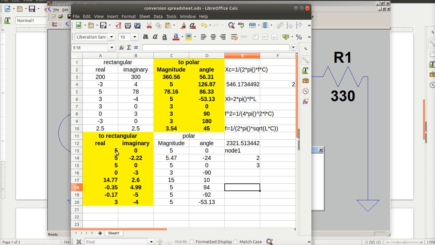So the first part is my voltage drop across my capacitor will be this number, the top line, minus the second line. So 5 minus 5 is 0. And 0 minus a negative 2.22 is positive 2.22.